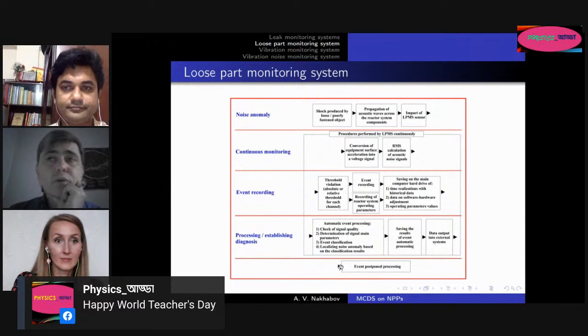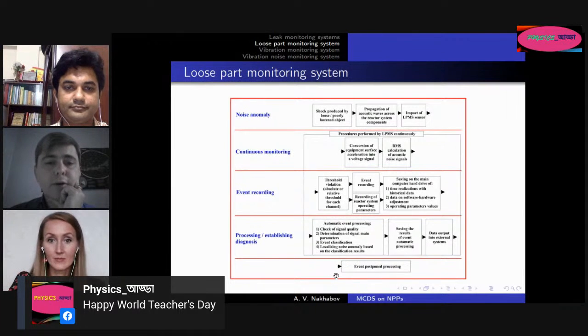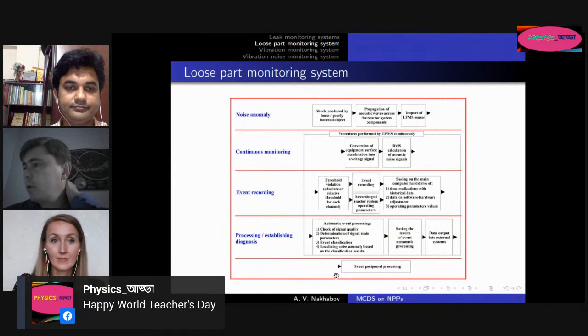About the possible origin of these loose or free parts, it can be some objects just lost during repair. Nowadays it's rare, but some time ago there were some cases at different nuclear power plants.